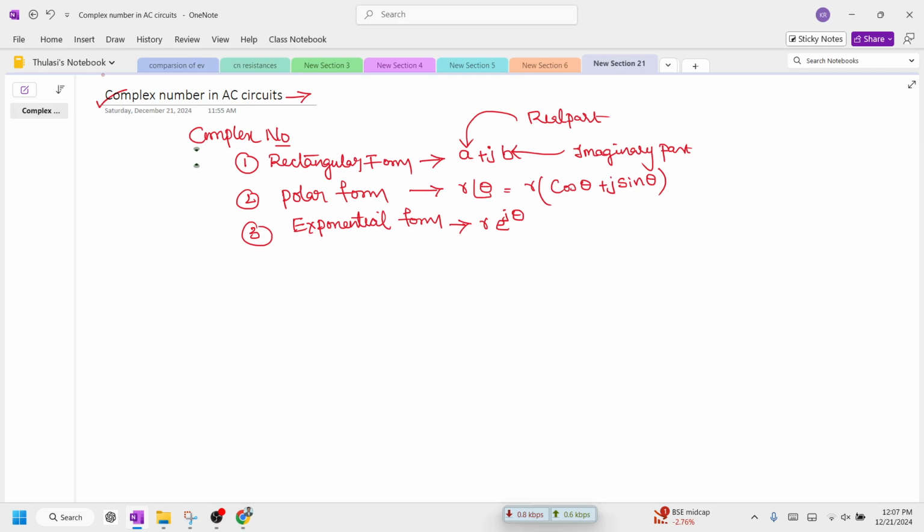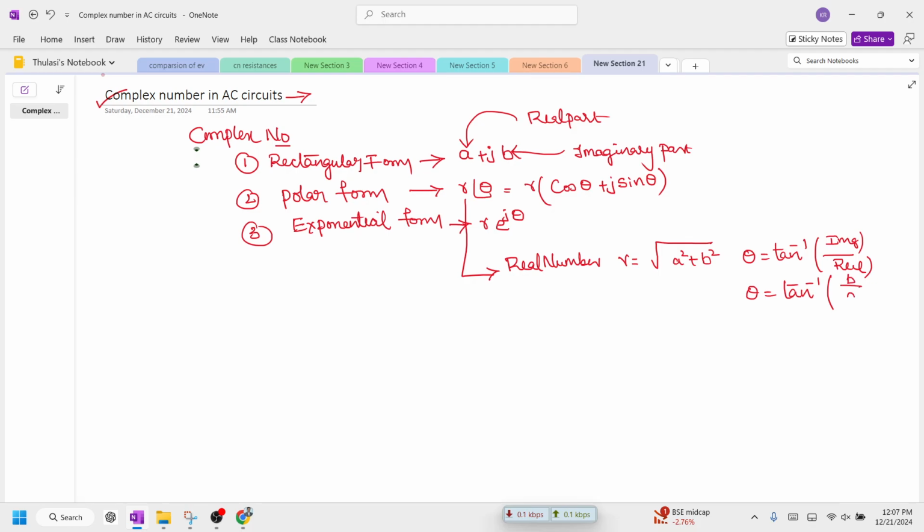You may have a doubt here: what is the value of r and theta? r is a real number. r is equal to the square root of a square plus b square, and theta is equal to tan inverse of the imaginary part divided by the real part, so theta is equal to tan inverse of b by a.